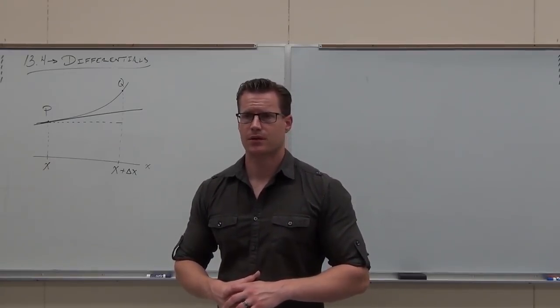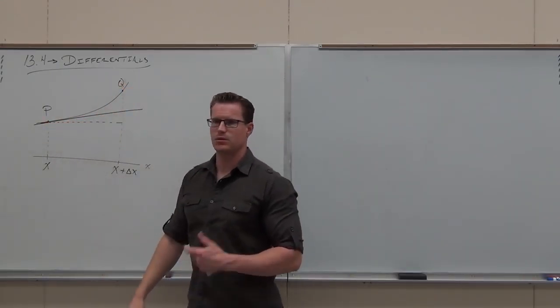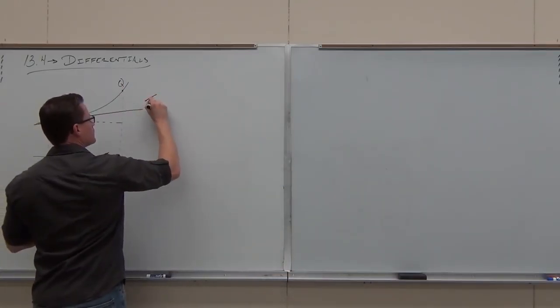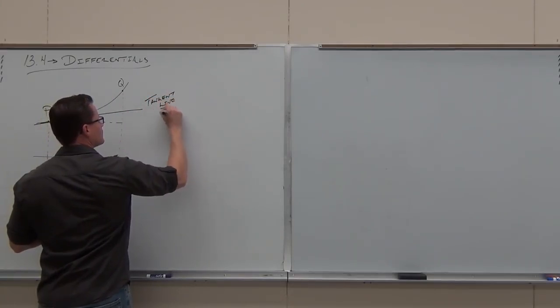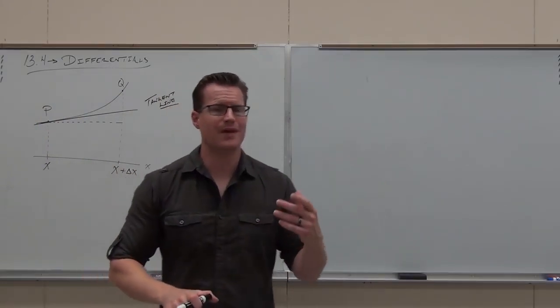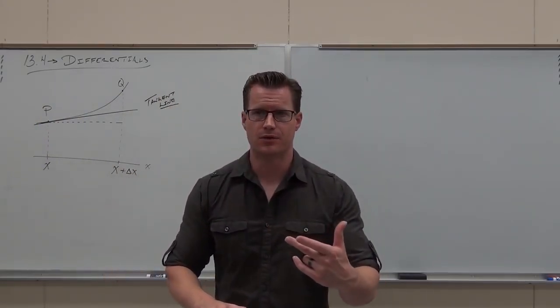What do you think? No. Is this exactly the same as that? No. Clearly not. One of these things is a tangent line, and one is the actual curve. And there's a difference between the height of the tangent line and the height of the curve.